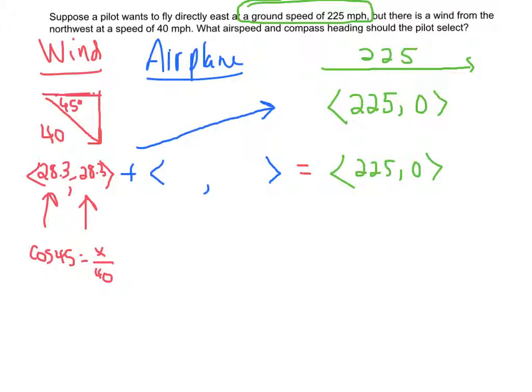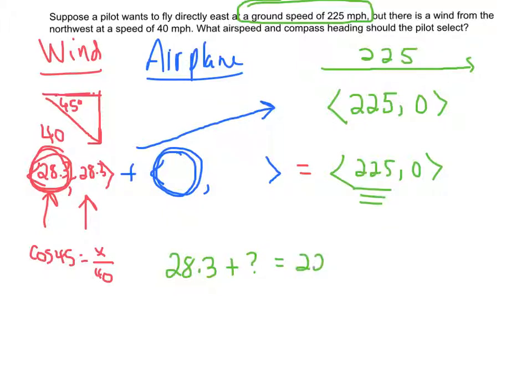So I know that if I take this 28.3 and add in the x component of the airplane, I should get 225. Let's write out that equation here. We've got 28.3 plus something will give us 225. That's a fourth grade math problem to solve here. We're going to subtract 28.3 from both sides.